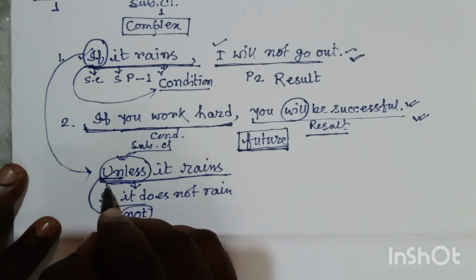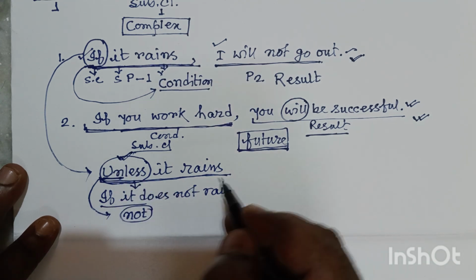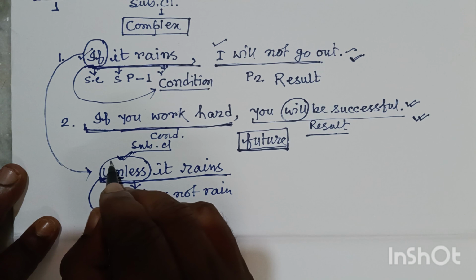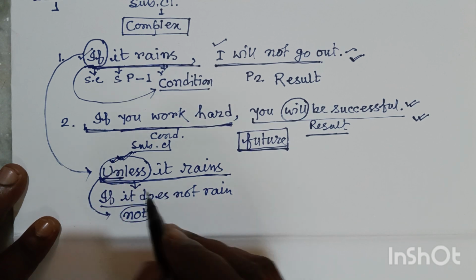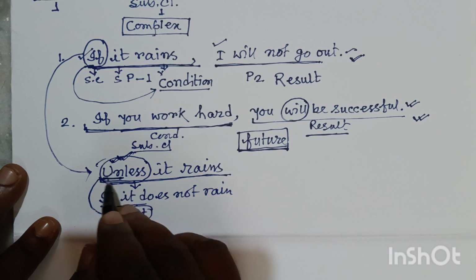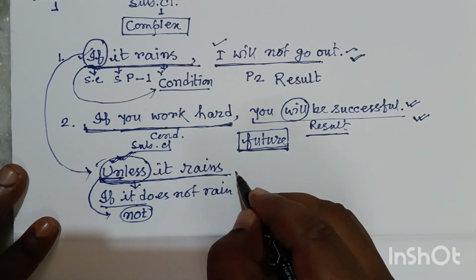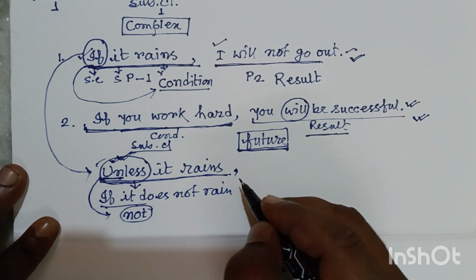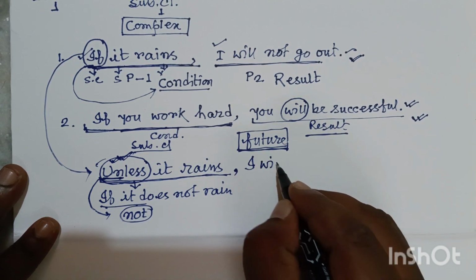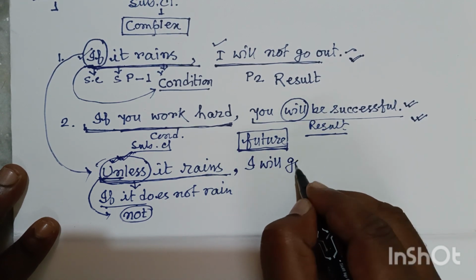That means in one clause, if we use unless, in the same clause we cannot use not, because not is inbuilt here. Actually, it has the meaning if it does not rain. So the first sentence is: unless it rains, then put down a comma, I will go out.